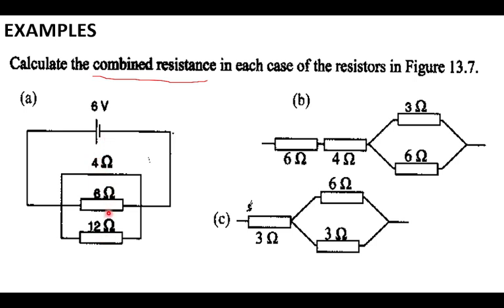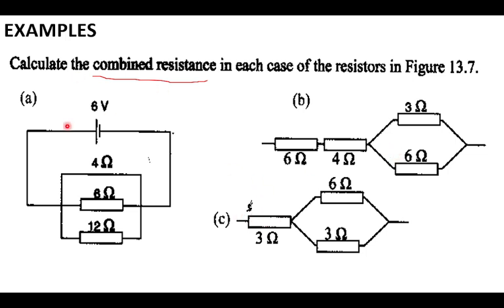All right, so can you work out this one? Here we have two resistors that are in parallel, 3 ohms and 6 ohms. Only these two are in parallel, but the others are in a series arrangement. Only the 6 ohms and 3 ohms are in parallel, and only this one is separate.